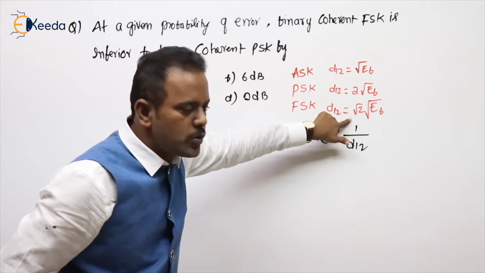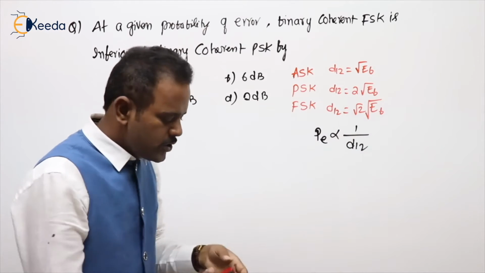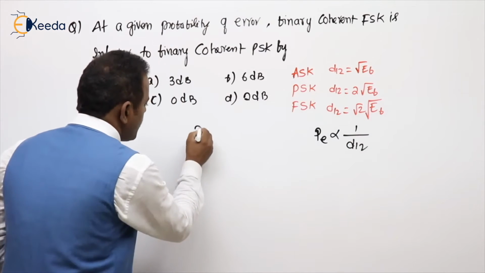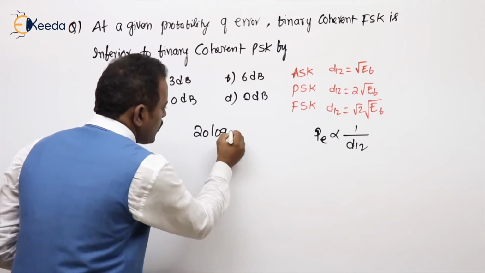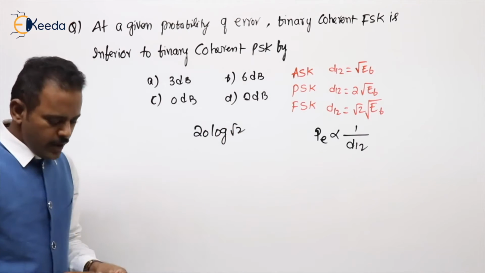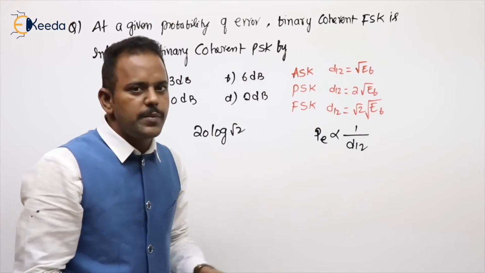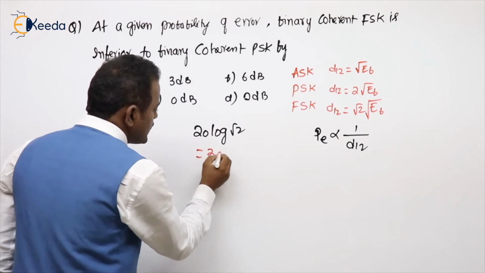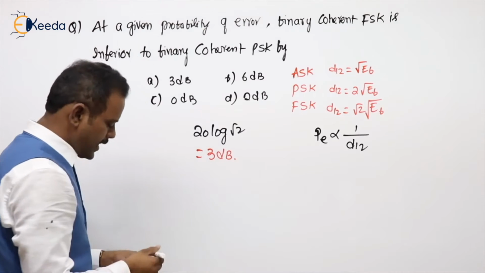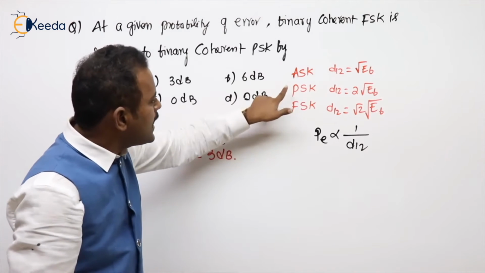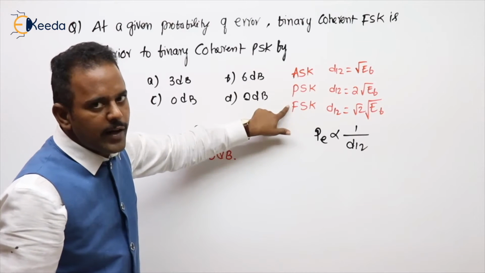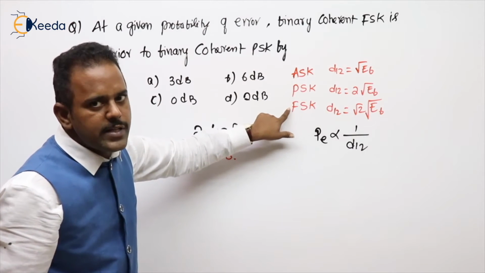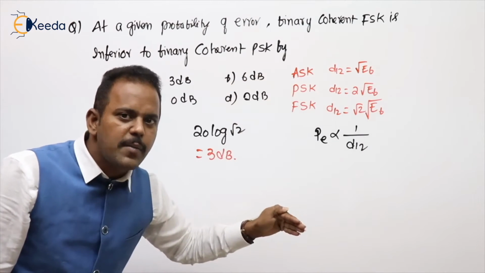Here 2, here root 2, so root 2 is more. To convert to decibels, 20 log root 2, because this is root of energy, voltage form. 20 log root 2 means 3 dB. So PSK is 3 dB superior compared to FSK, or FSK is inferior to PSK by 3 dB.